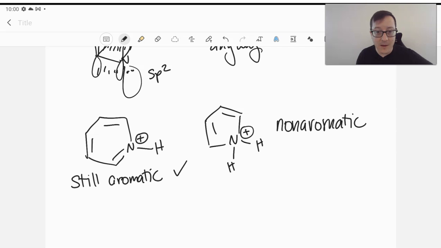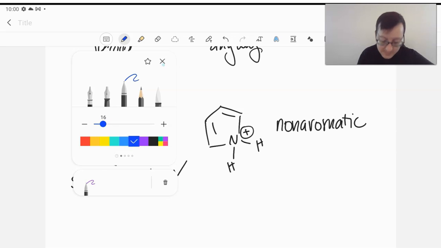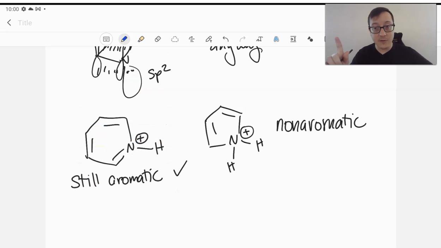It's non-aromatic because we have an sp3 nitrogen here. So it's not anti-aromatic because it's not an empty p orbital. That's only for carbocations. This is a nitrogen cation that's still sp3. So we're going to have a non-aromatic species. So we went from aromatic to non-aromatic by grabbing that proton. So not a good thing.